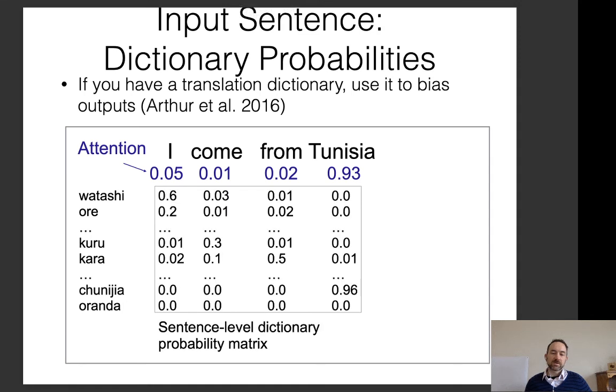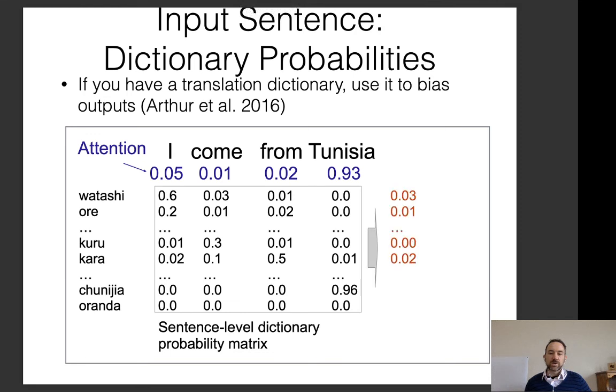And we also have a dictionary probability matrix, which basically says that this input word could be translated into this output word, this input word could be translated into this output word, et cetera, and maybe we get this from word alignments or from a manually curated dictionary, et cetera.